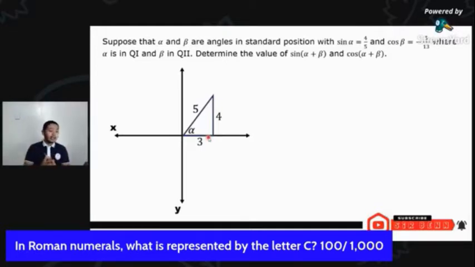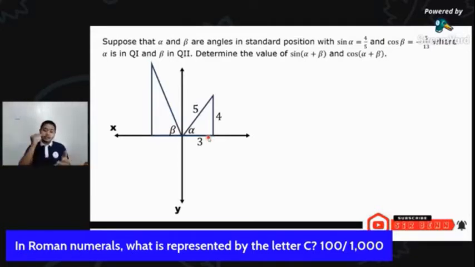For the second triangle, we'll do it this way. Beta is in the second quadrant, so that triangle will be in the second quadrant. This is the angle. Cosine beta is equal to -5/13. Applying the trigonometric ratio, 5 will be the adjacent side, while 13 will be the hypotenuse.